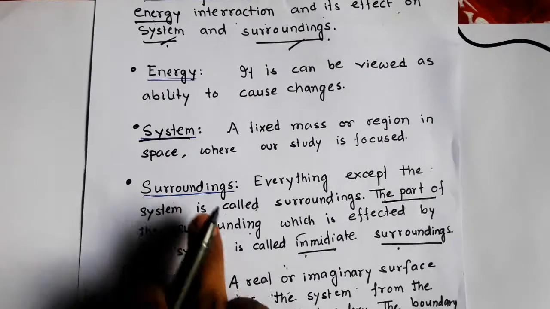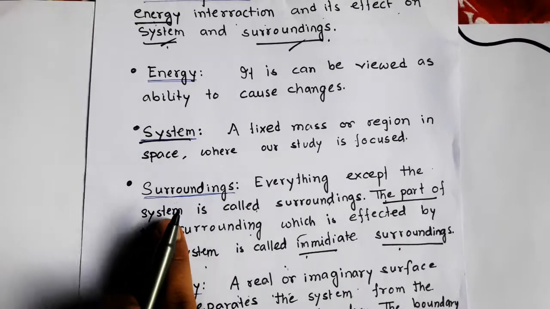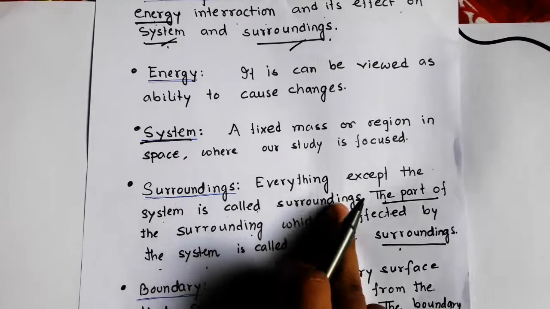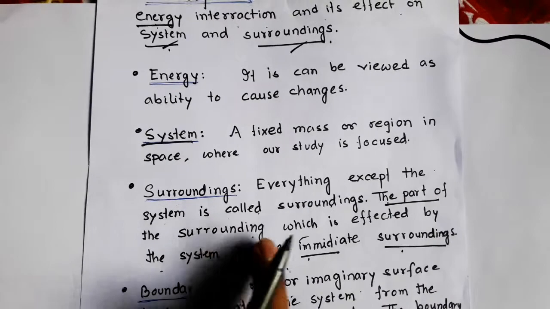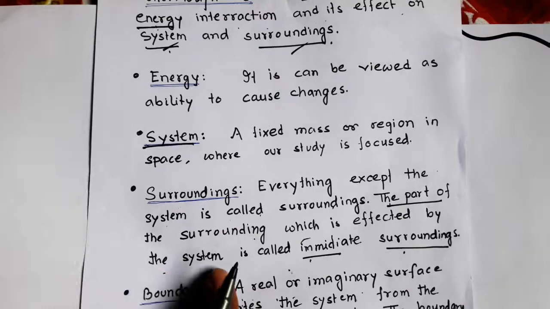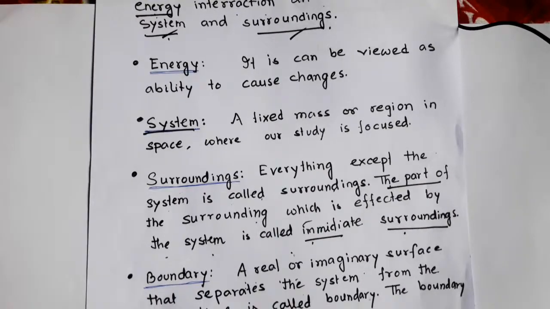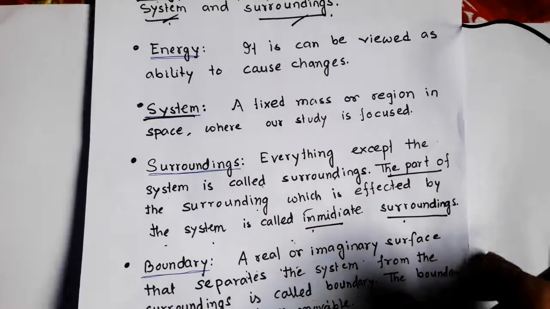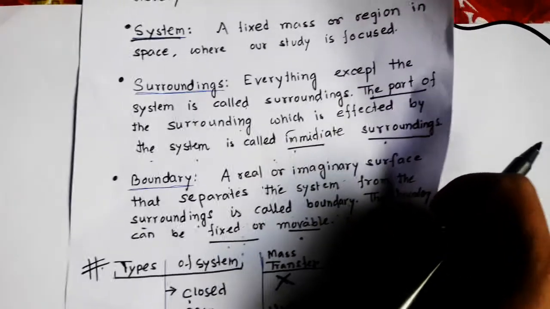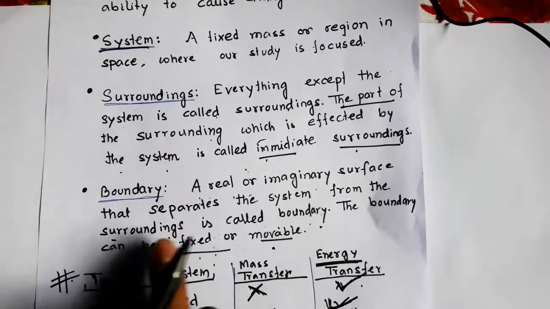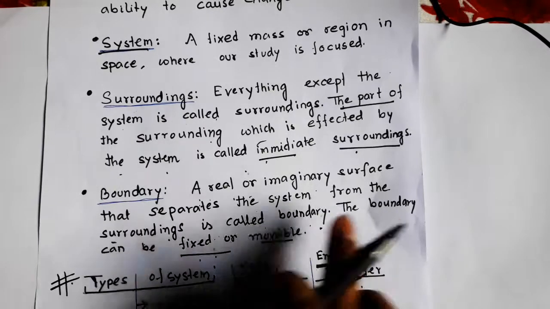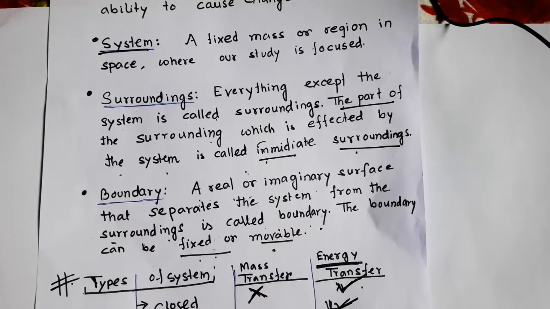Okay, surroundings: everything except the system is called surroundings. The part of the surroundings which is affected by the system is called immediate surroundings. Now boundary: a real or imaginary surface that separates the system from surroundings is called boundary. The boundary can be fixed or movable.